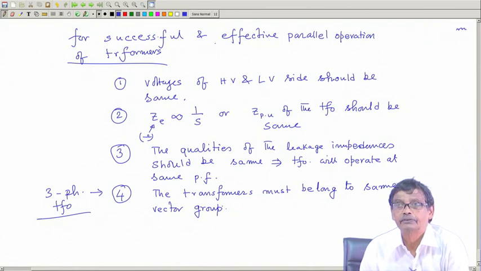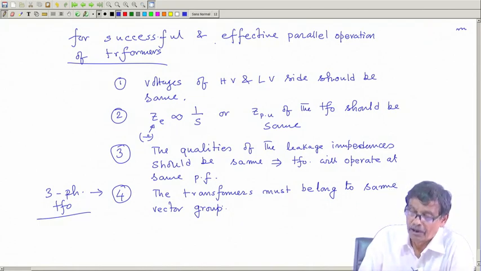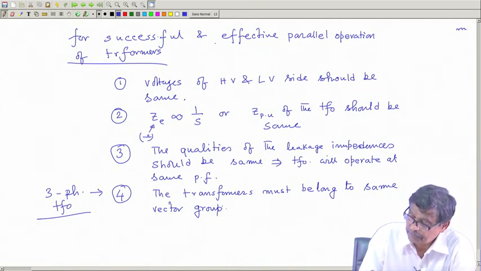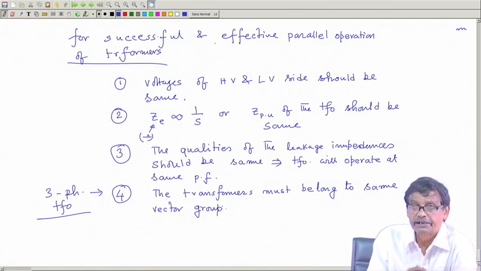What is the vector group? Plus 30 degree or 11 or 1, which means that the line to line voltage rating should be same.